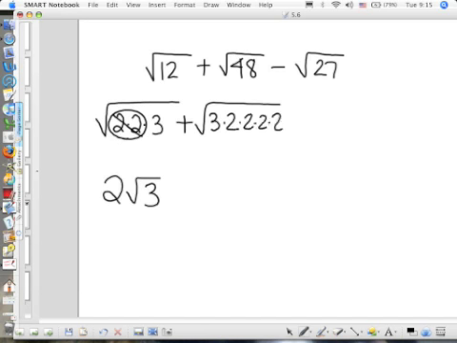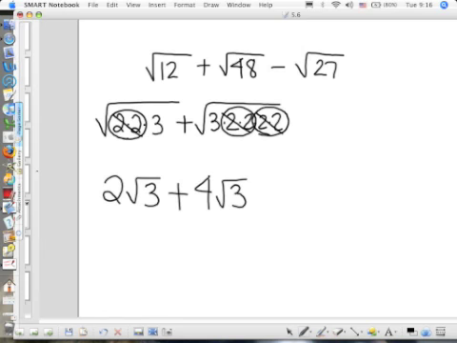All right, when you do this, I do recommend you check your multiplication. Make sure that you do get 48. Because you might throw an extra 2 in there or not have enough 2's. Okay? All right, well, what do I have here? I've got 2 groups of 2 there, so I can pull out 2 squared, which is 4. And I still have a 3 under the radical.